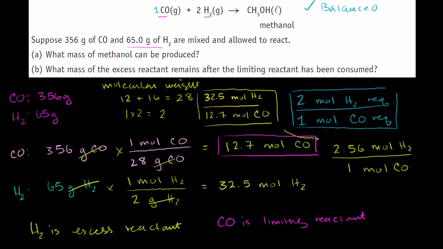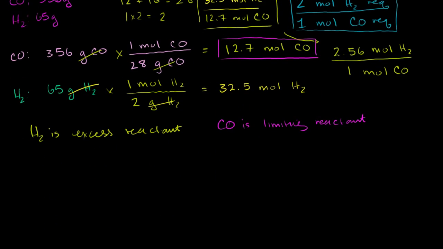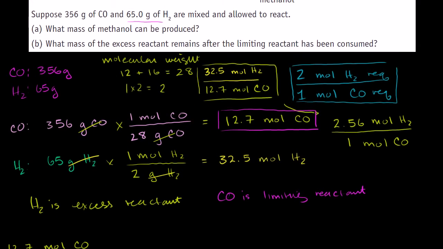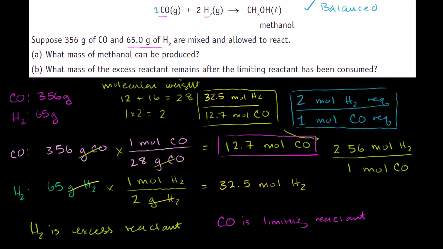So we have 12.7 moles of carbon monoxide, and looking at our original equation, we see for every mole of carbon monoxide, we produce 1 mole of methanol.